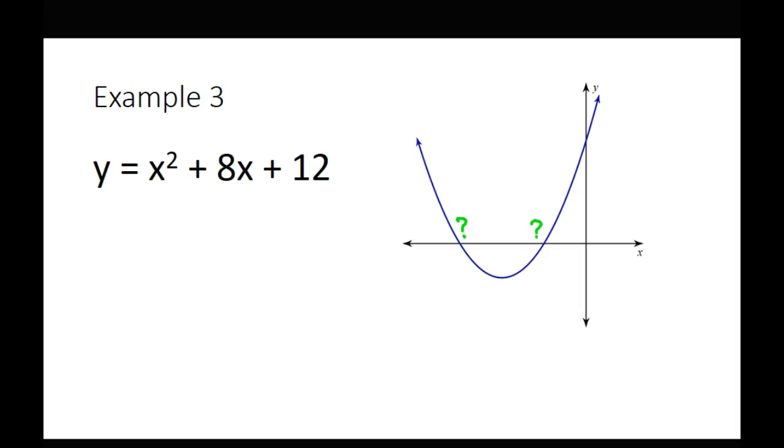I want to find these roots here, and that's where my quadratic equals 0. And when you have a quadratic equation in standard form equal to 0, the way you find the x value is by doing the quadratic formula.